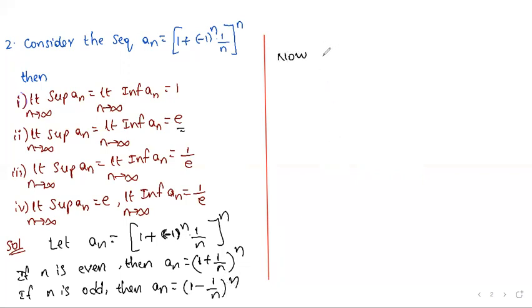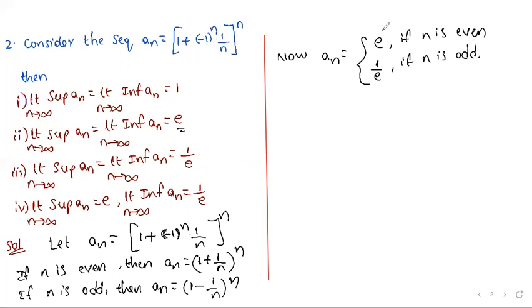Now the sequence an is equal to e if n is even, that is, the value of (1 plus 1 by n) whole power of n is equal to e. Already we know this condition. Similarly, (1 minus 1 by n) whole power of n is equal to 1 upon e if n is odd.